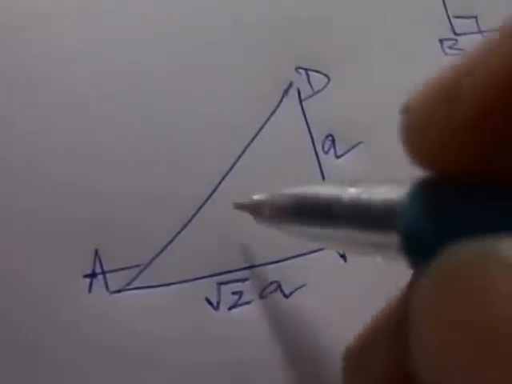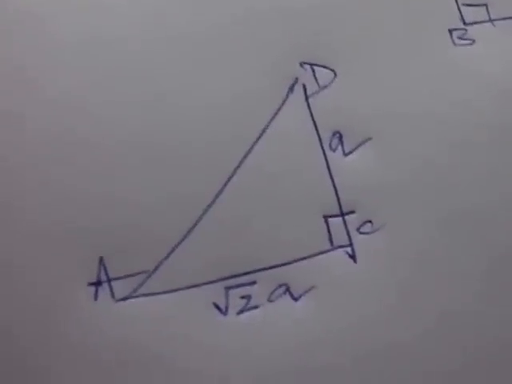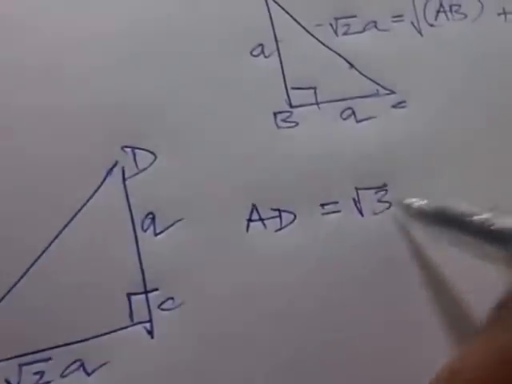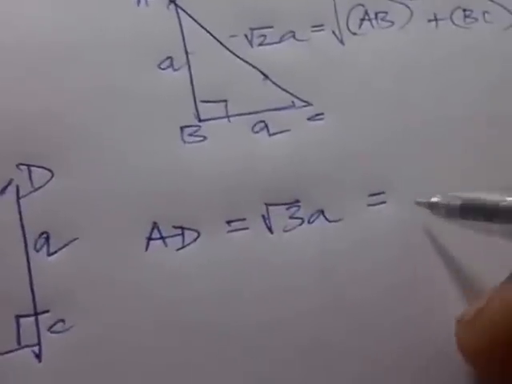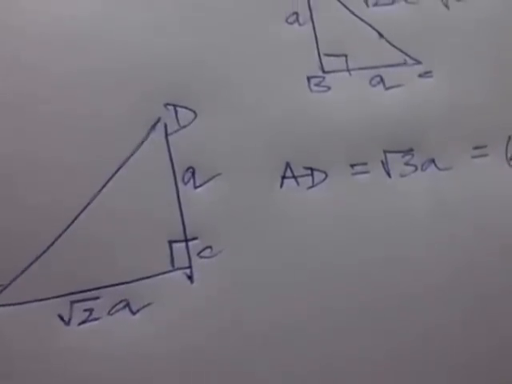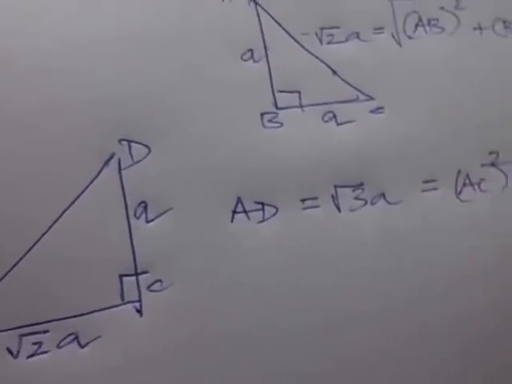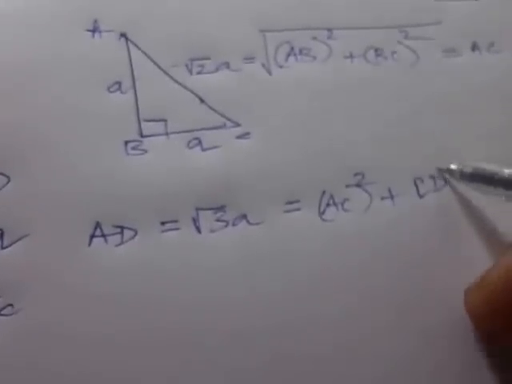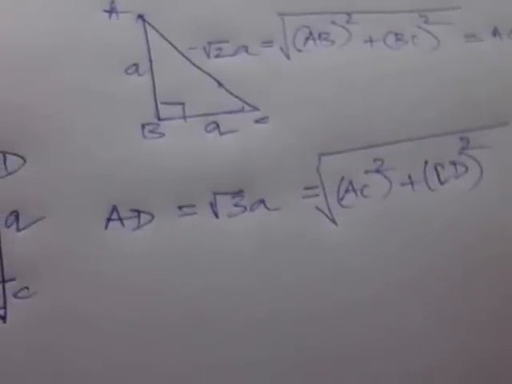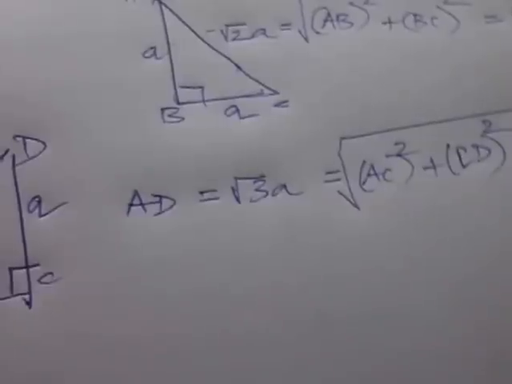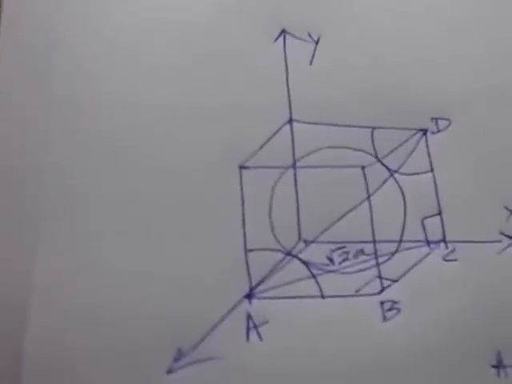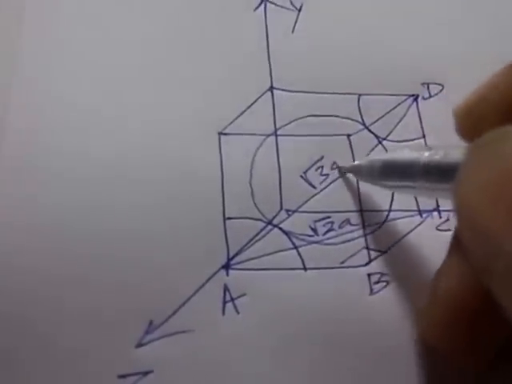So with this, distance AD may be calculated just like our previous step. AD is equal to root 3 into a, from side AC square plus CD square and finding a square root for that. So there is 3a square, square root is applied, so root 3a is AD. This is the body diagonal, root 3a.